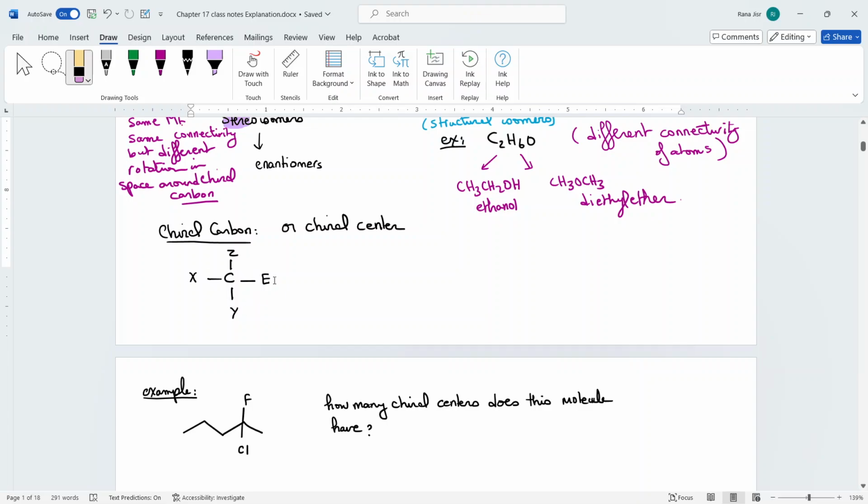And because there are 4 groups, that is going to force that center to have an sp3 hybridization. You need 4 orbitals in there, so it's going to be an sp3 hybridization.